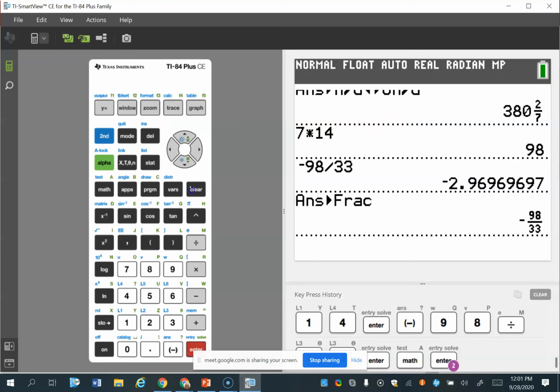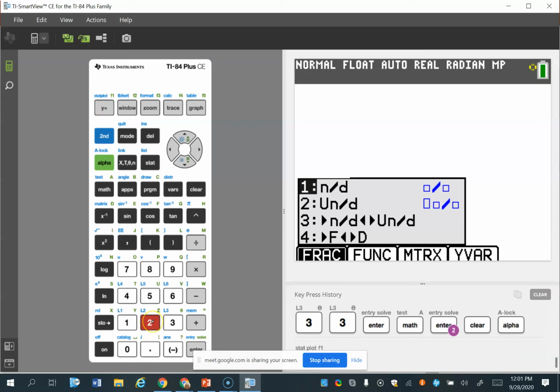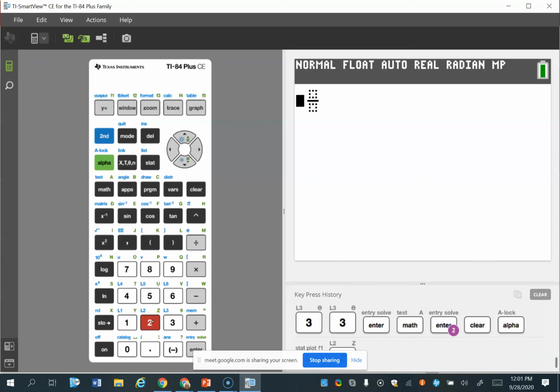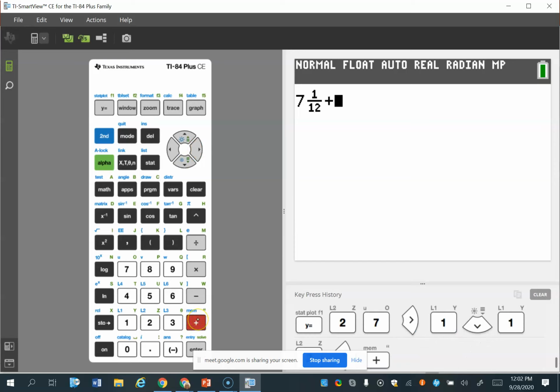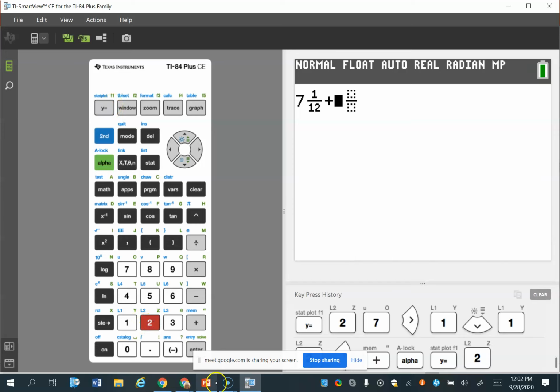I recommend we use our calculator to do this. So we do alpha y equals number 2. The first day was 7 1/12. Come out from under the denominator, plus alpha y equals number 2.